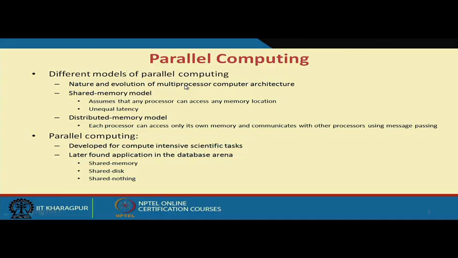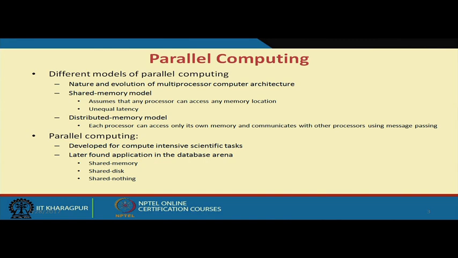If we look again at parallel computing, as we have seen in our previous lectures, there are different models of parallel computing depending on the nature and evolution of the multiprocessor computer architecture. So, it is the shared memory model and the distributed memory model. These are the two popular ones.